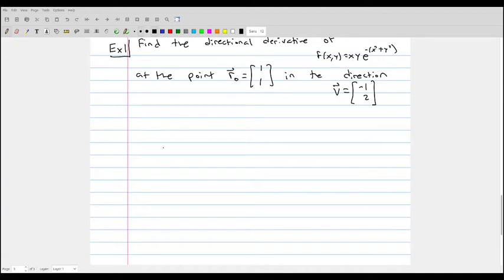So in order to use that formula from before, we have 3 main steps. 2 steps that we have to do before using the formula, and the last step is just the computation step.